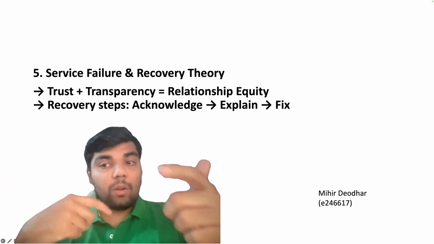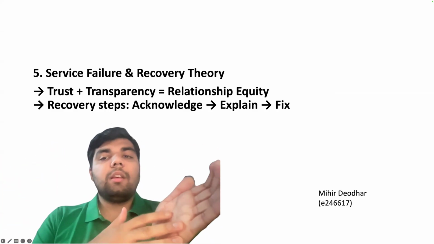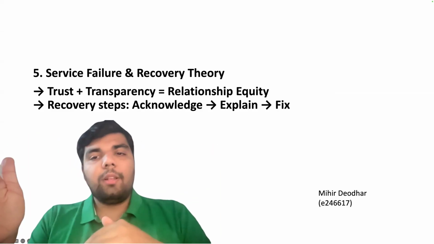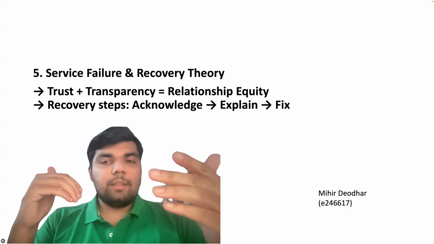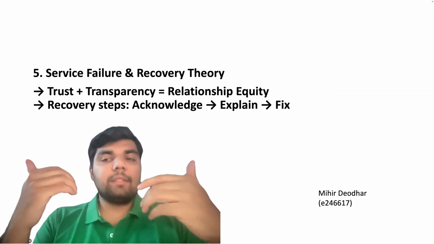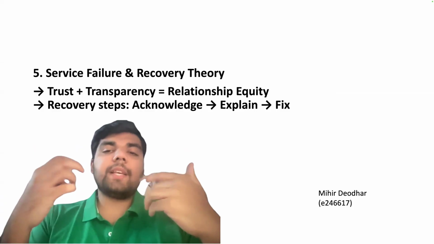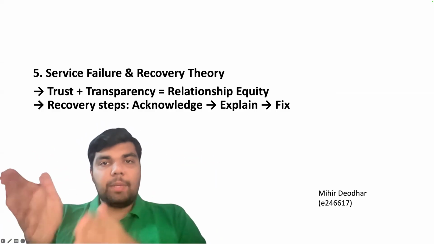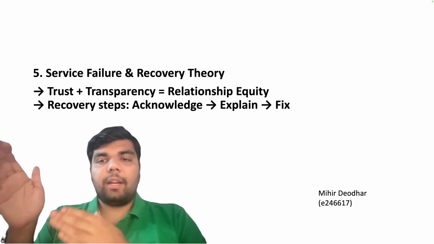And the companies that acknowledged mistakes transparently and aligned criticism with their brands actually protected the goodwill. This reflects the classic service recovery theory, which emphasizes the need for immediate acknowledgement, clear explanation, sympathetic tone, and a concrete and corrective action.